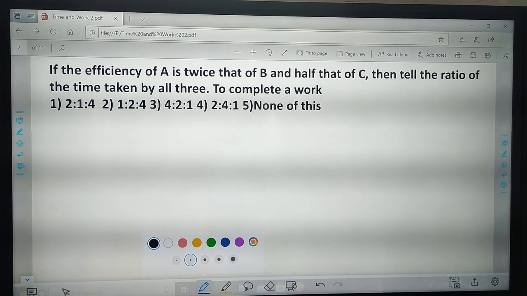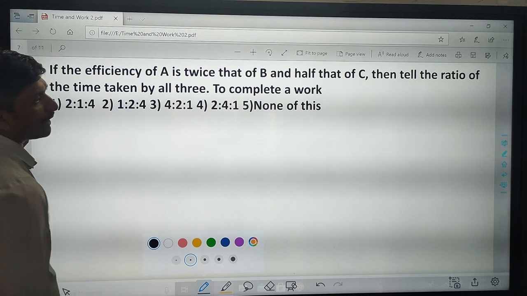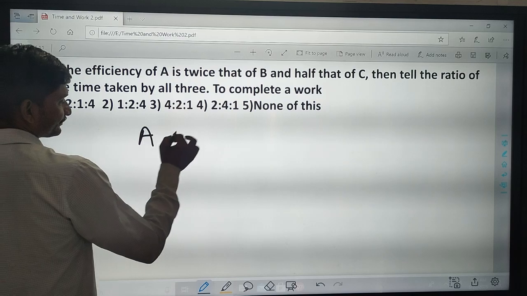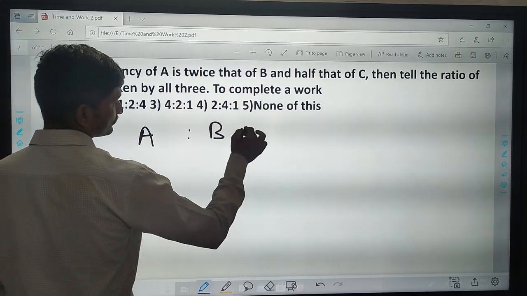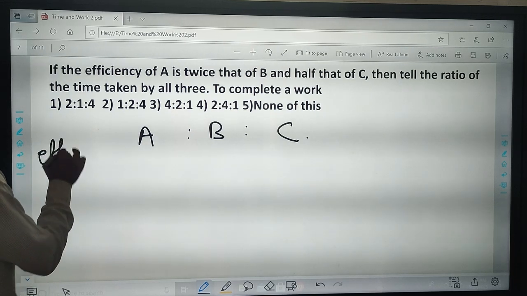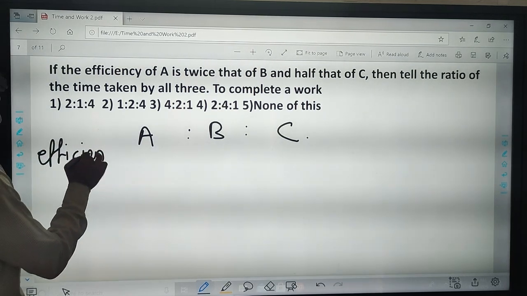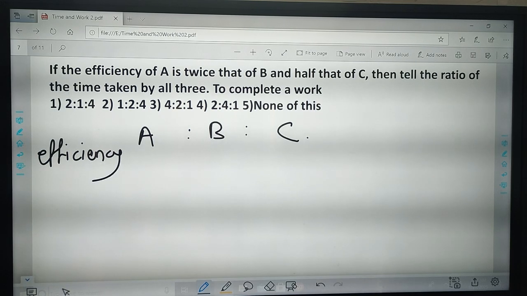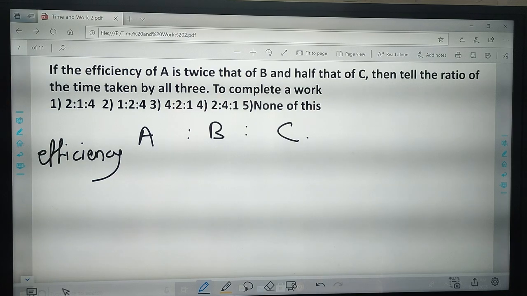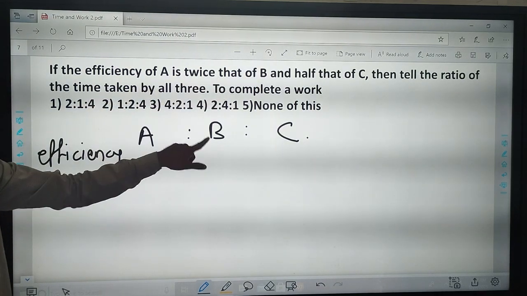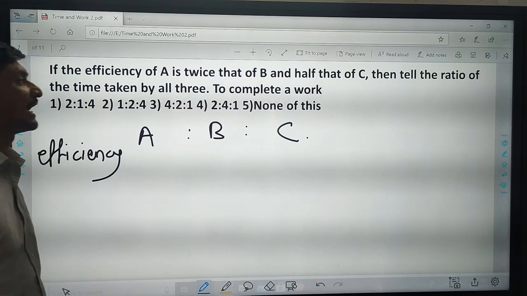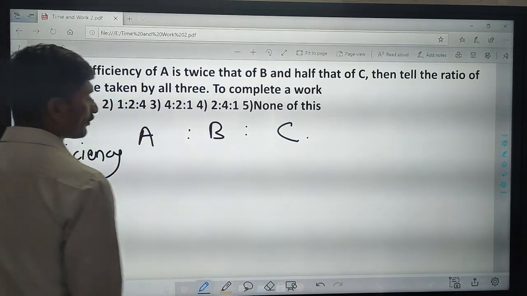Here the efficiency of A is twice of B and half of C.